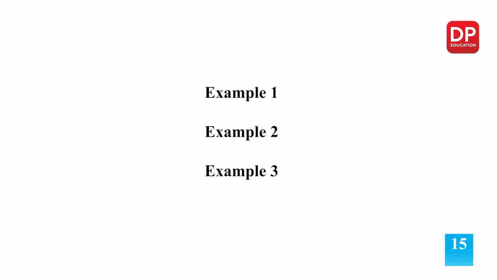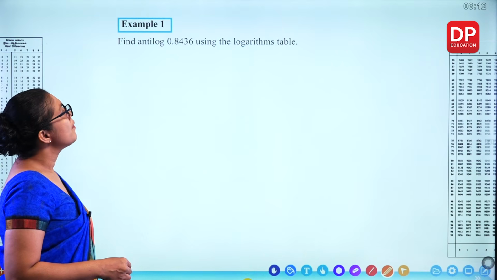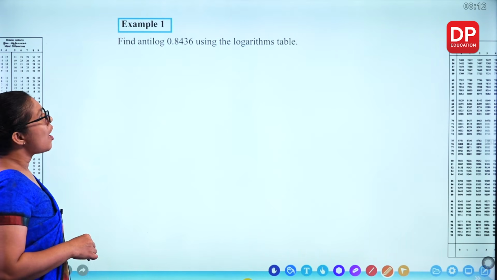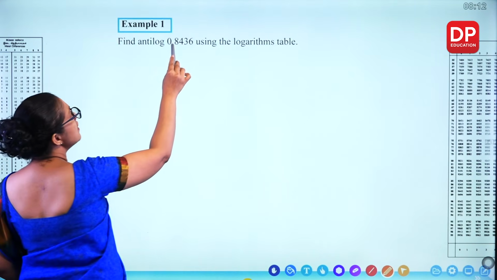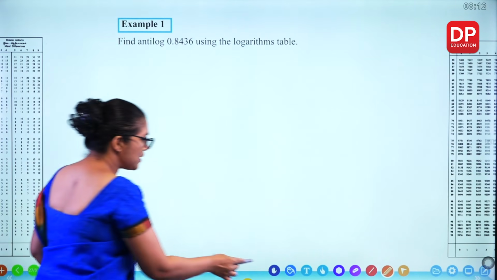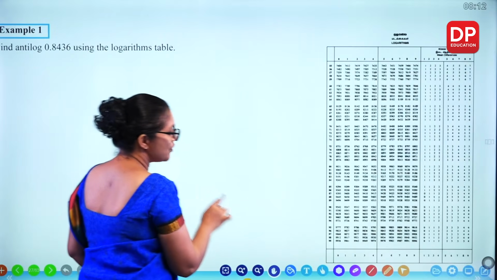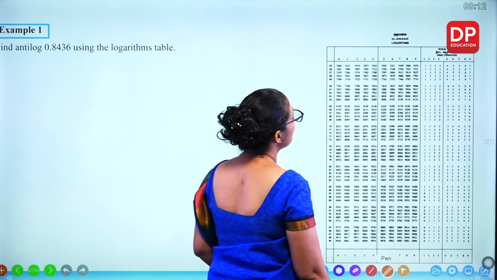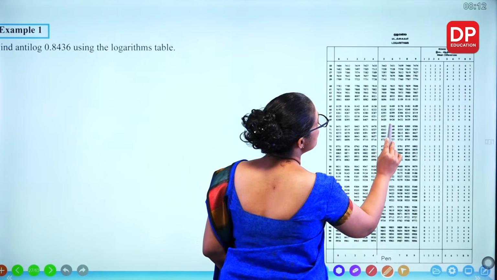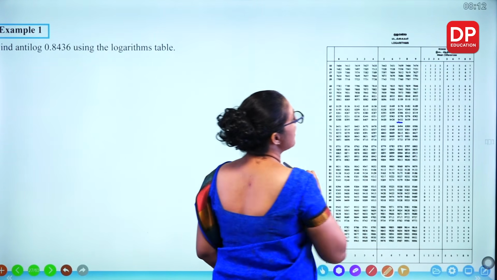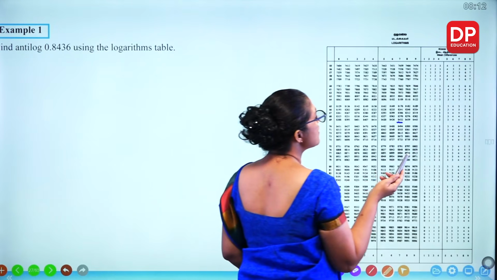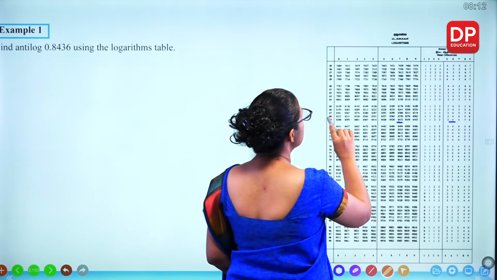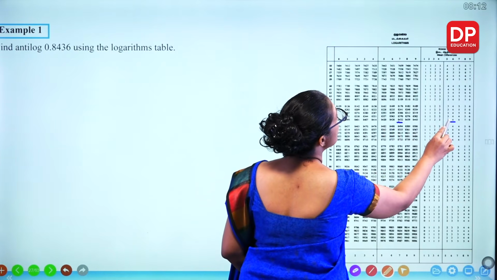Example number 1. Find anti-log value of 0.8436 using the logarithmic table. So how can we find out anti-log? 8436 from the table. Search where you get 8436. 8432 is there. To get 36, you need another 4. You can refer from here. What's the number? 6976.